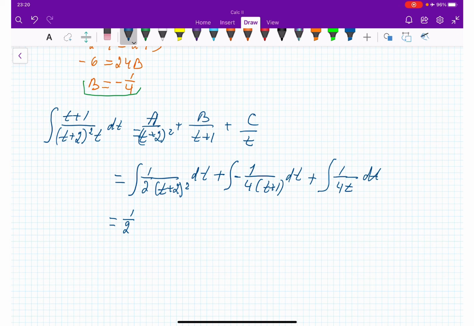So you're going to get the first one, because you substitute u to the power negative 2, then the negative sign is going to pop up, and we're going to get negative 1 over 2 times (t plus 2).